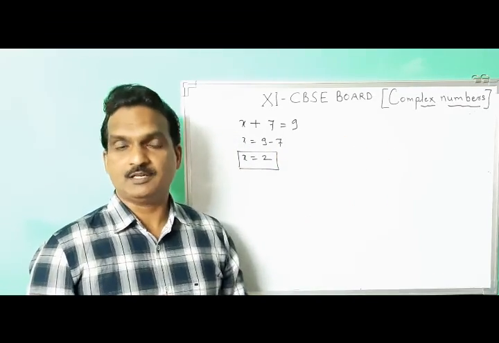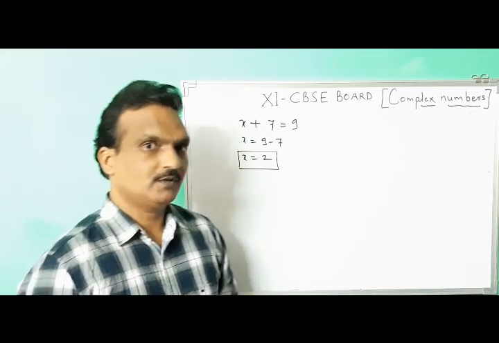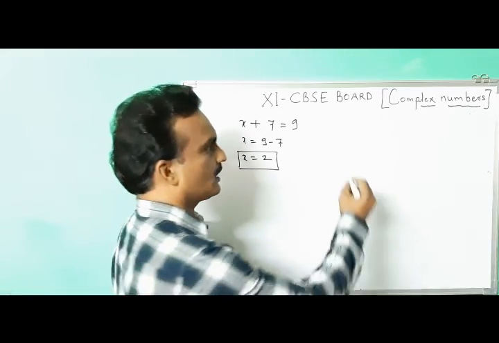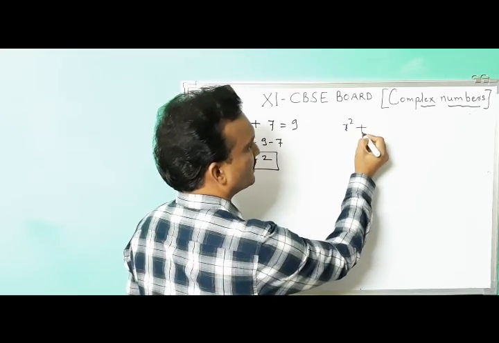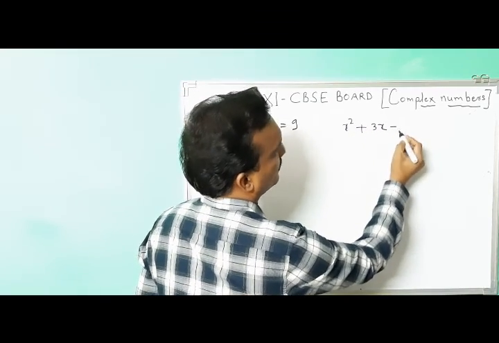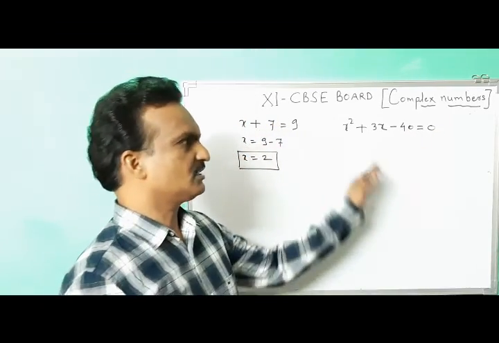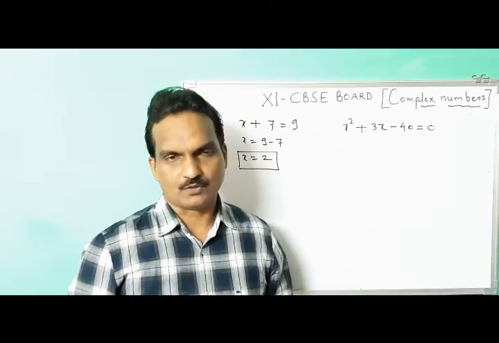That means simultaneous linear equations you have solved, and quadratic equation of the type x square plus 3x minus 40 equal to 0. This type of equations also you have solved.